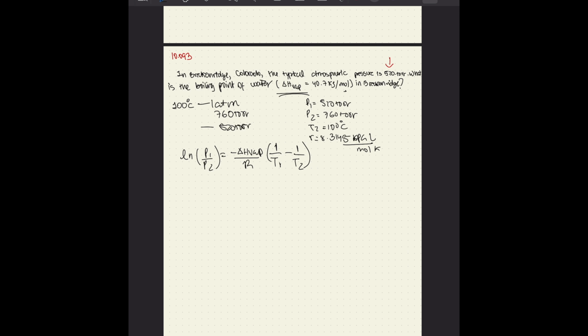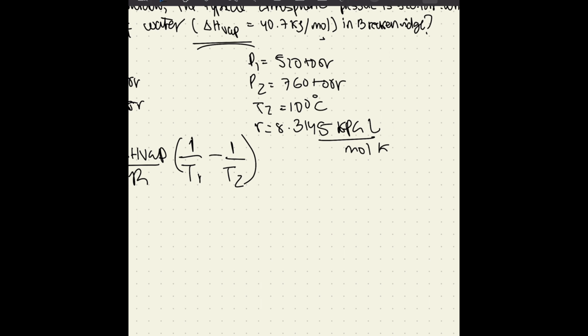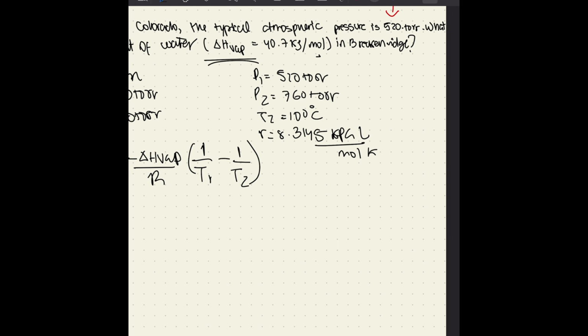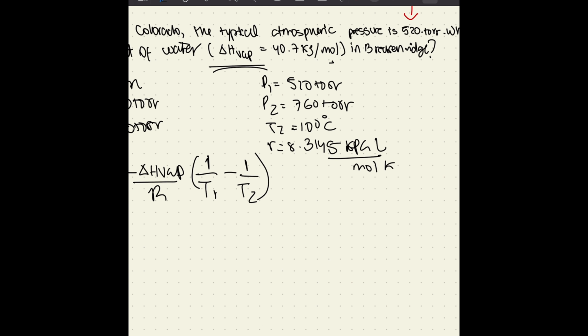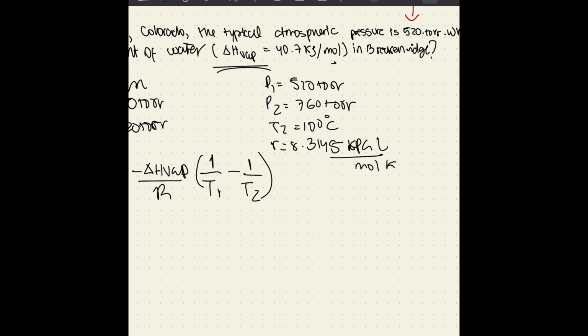Essentially this is joules. You need to use this R value in order to cancel the heat unit. So we need to change this to joules, by multiplying 40.7 by 1,000.